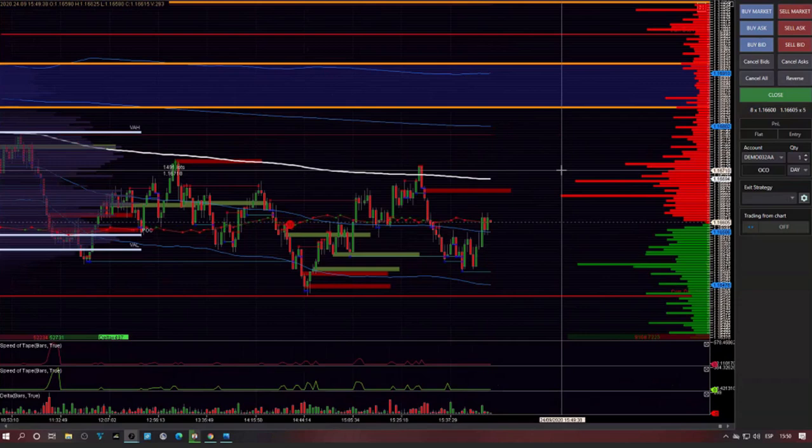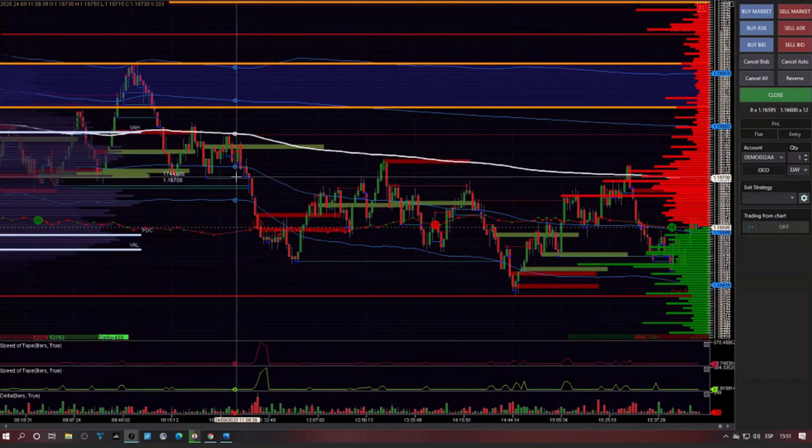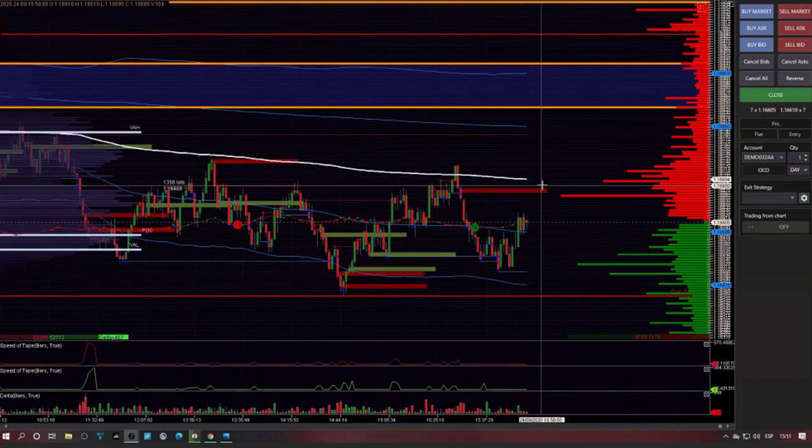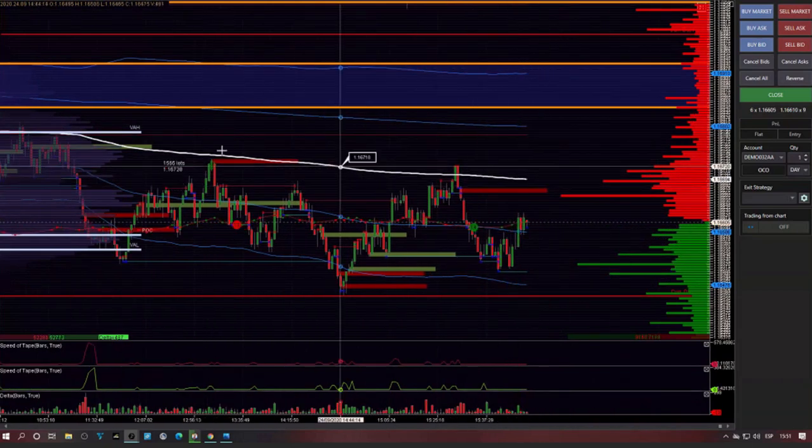So we can use that as a visual reference when we decide which bias we are going to take. For example, if I ask which bias am I going to take today, and I see the price is going below the volume average, I might decide to go short, right?